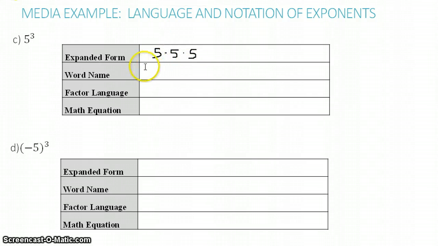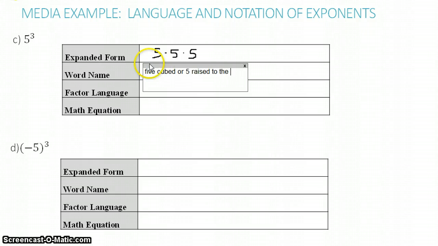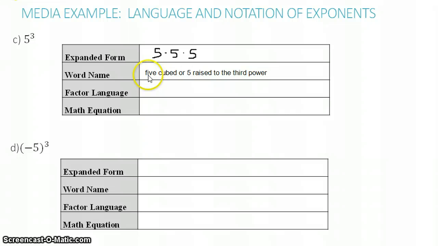Our word name is 5 cubed, or 5 raised to the third power. So we're more likely to say 5 cubed because it's shorter than 5 raised to the third power.